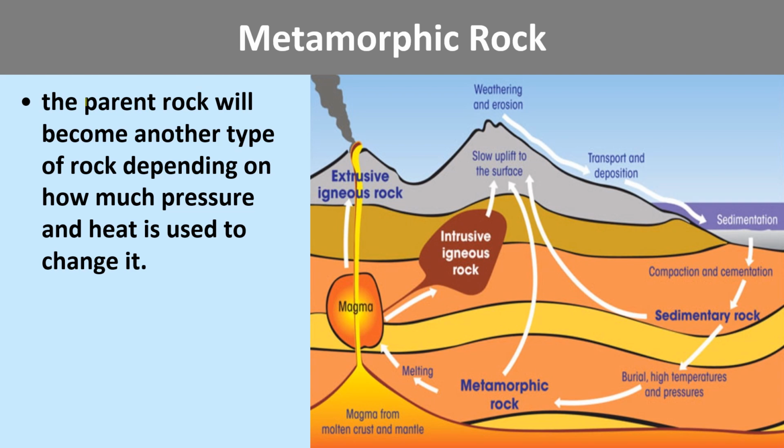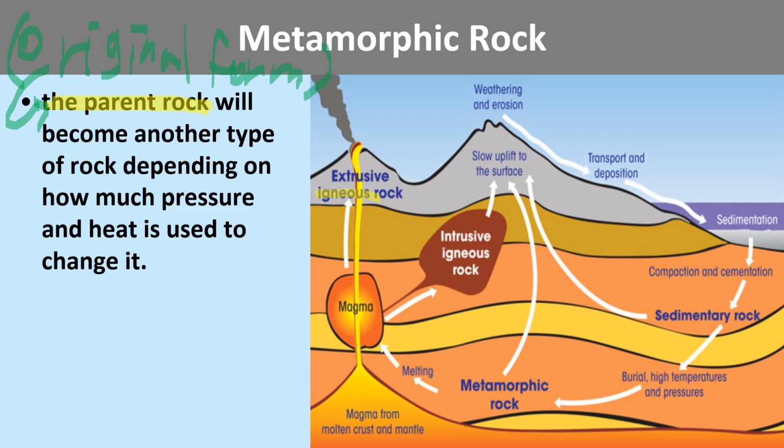Metamorphic rock always has an original form. We call that form the parent rock. From the original form, in this case let's say igneous rock, there will be volcanic activity.